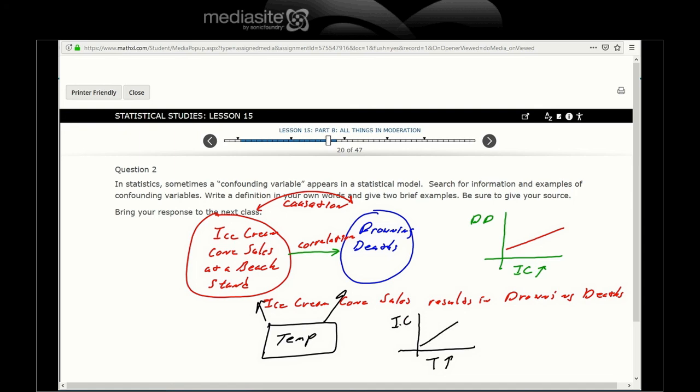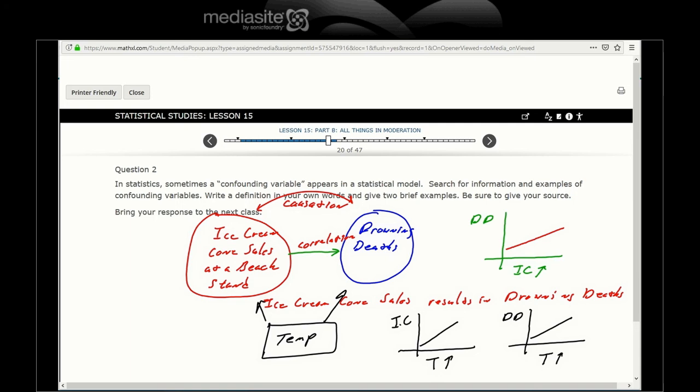It gets hot. As temperature increases, drowning death also goes up because more people go in the water. That's a confounding variable. It makes two variables, the explanatory being ice cream, and the response being drowning deaths.